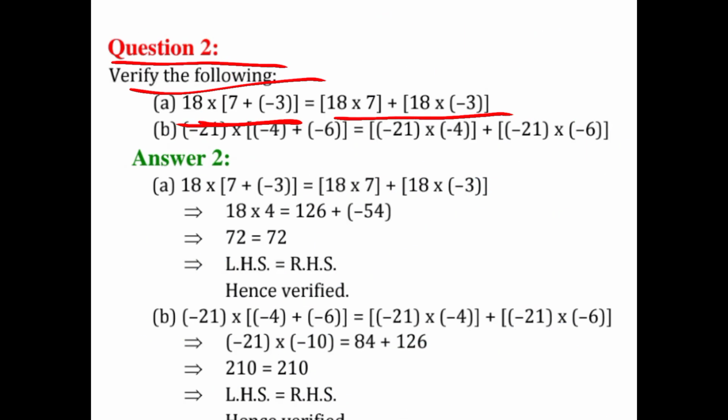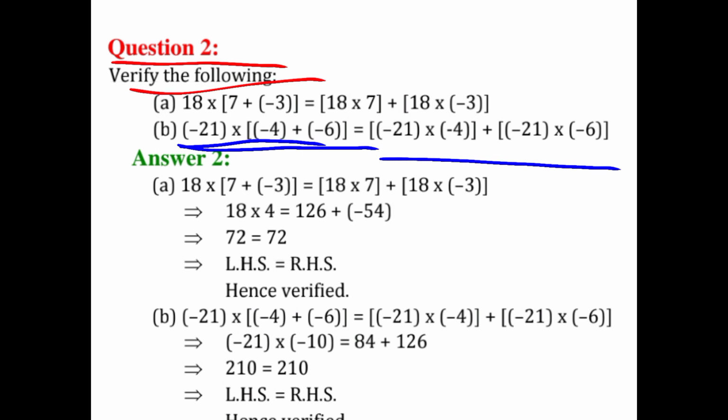Okay, you have to apply the same method in part B. In this, you first remove the brackets, then multiply these two, and after multiplying these two, you will get an integer.